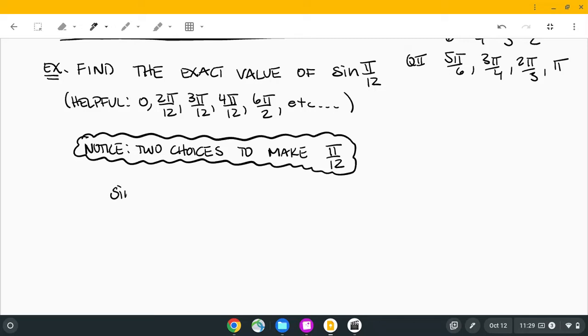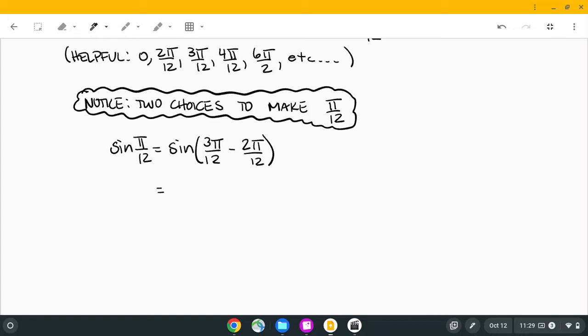All right, so sine of pi over 12. Okay, so I am going to rewrite pi over 12 as the difference, 3 pi over 12 minus 2 pi over 12.